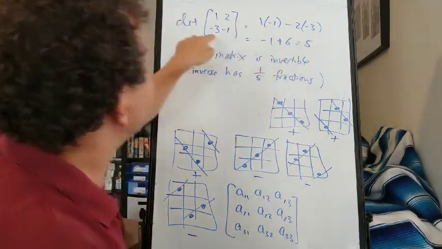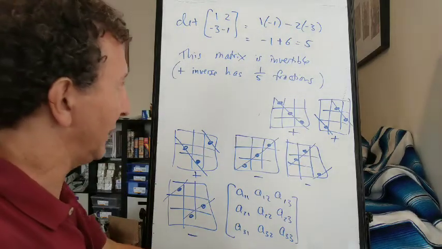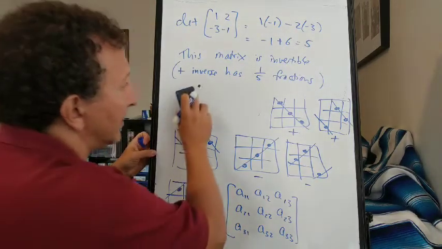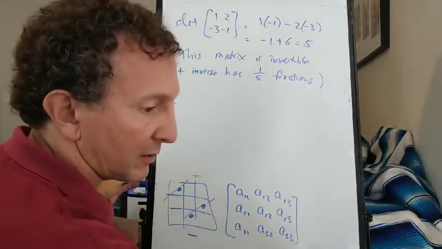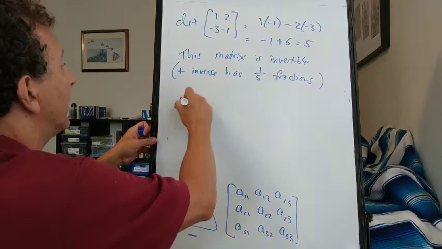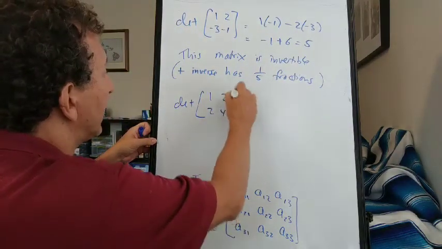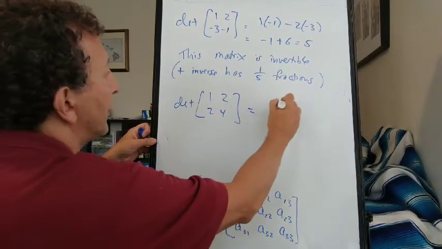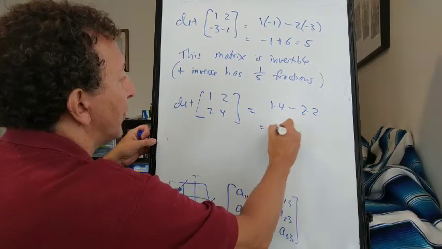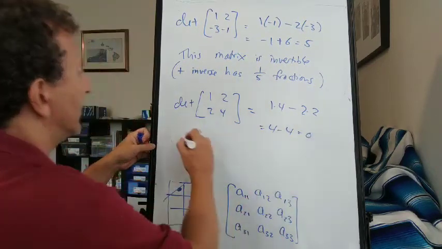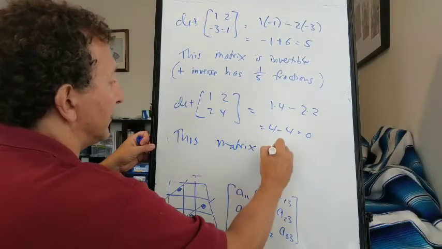Because this determinant is 5, that's what the denominators are going to be in the inverse matrix. If we take the determinant of 1, 2, 2, 4, that's 1 times 4 minus 2 times 2, which is 4 minus 4, which is 0. So this matrix is not invertible.